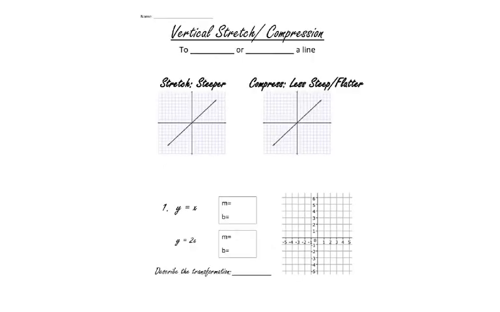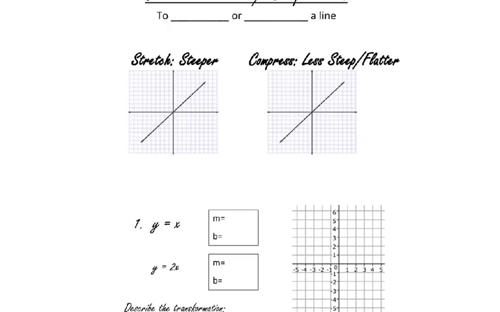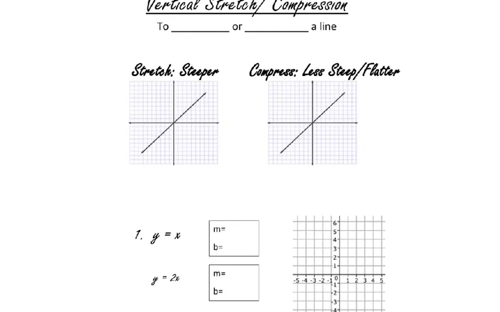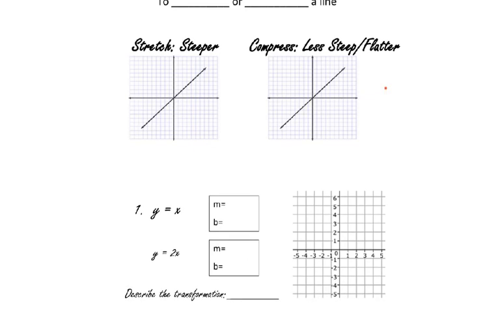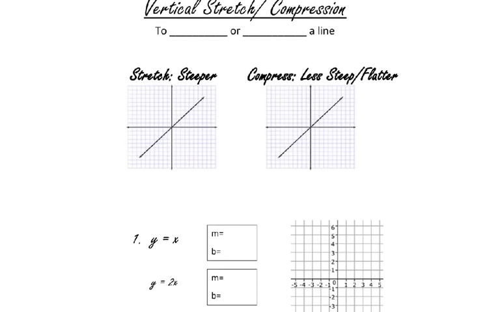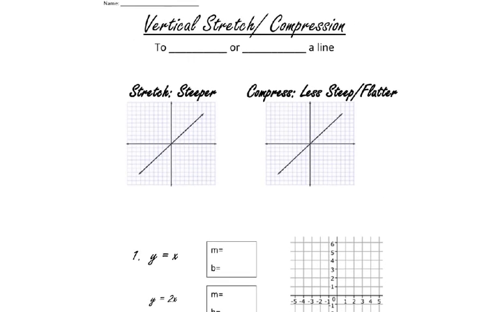Okay? So now that we're comfortable with shifting the y-intercept, the b, the back number, we are now going to shift the slope. Okay? So if I have a parent function like we do, there we go. Okay, so this is a parent function.